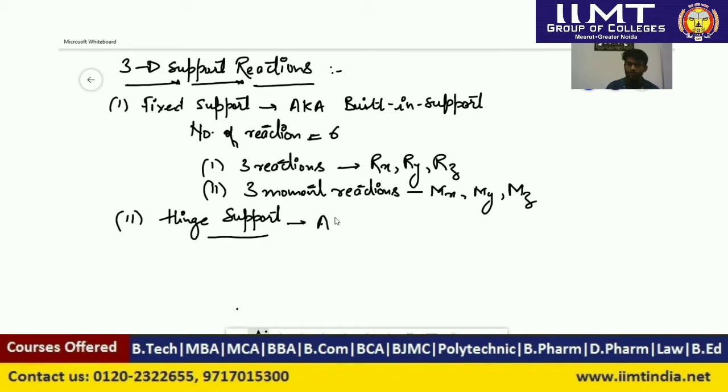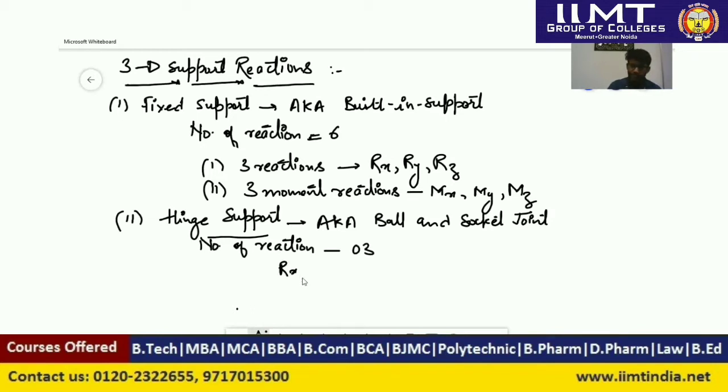This support is also known as ball and socket joint support, and the number of reactions in a hinge support in 3D is 3. And what are they? Rx, Ry, and Rz.